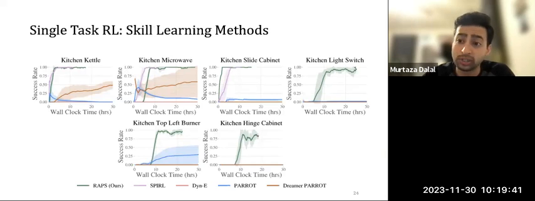But as we increase the difficulty of these kitchen manipulation tasks, from light switch to top left burner to hinge cabinet, we find that WRAPS is the only method that really is able to learn to solve the task. This is largely because the demonstrations used to learn those primitives aren't always perfect, may be hard to fit to, or in some cases may not be enough to learn the effective skills.